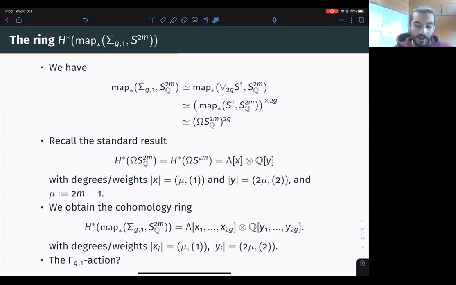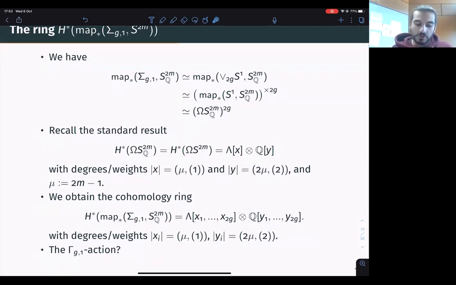I hope you agree with me that the sphere action transfers to the loop space, and that X must have weight 1 and Y must have weight 2. That X has weight 1, I think, is easy to see. That Y has weight 2, you can go and look at the Pontryagin ring. You can turn to homology, look at the Pontryagin ring, and there, that's just generated by the dual of X. So Y must have double the weight of X.